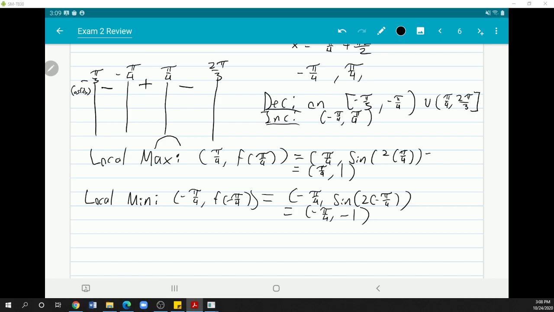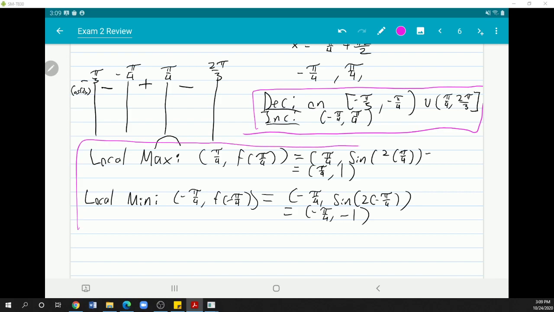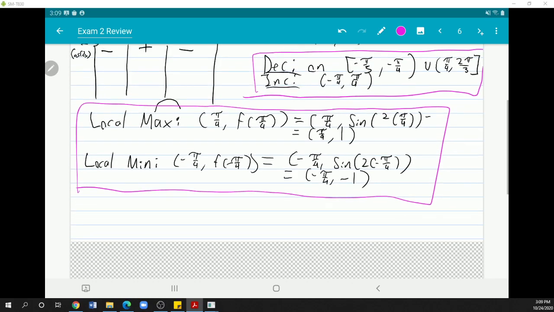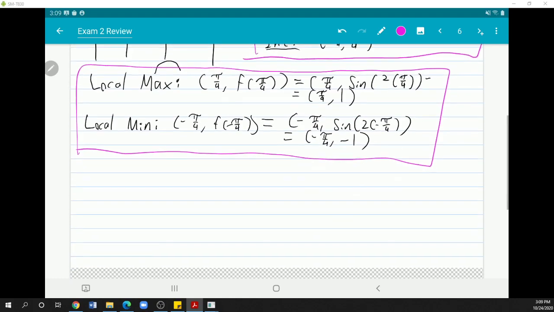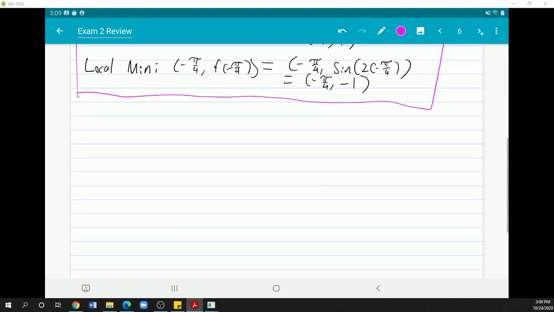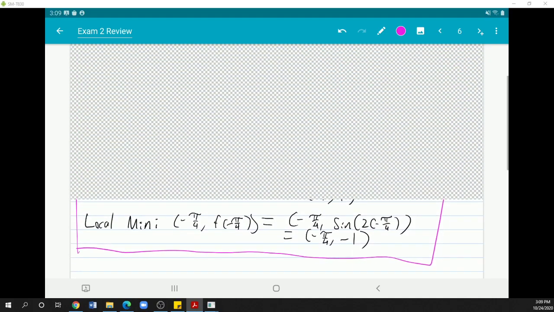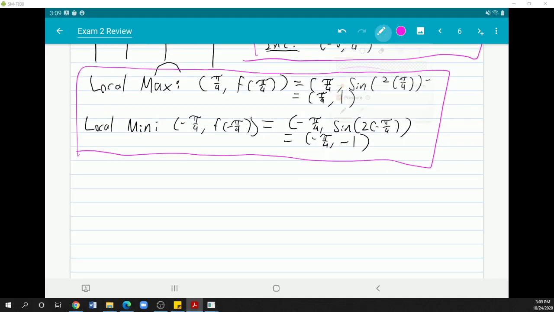So that's what's going on there. So that's our local max and min. This is where it's decreasing and increasing. And that solves part B. Or at least that solves where it's increasing and decreasing.